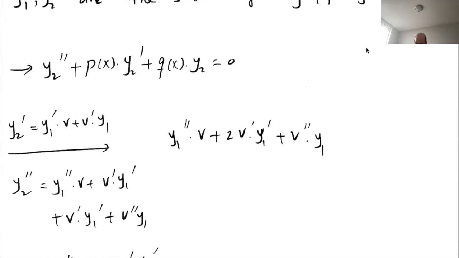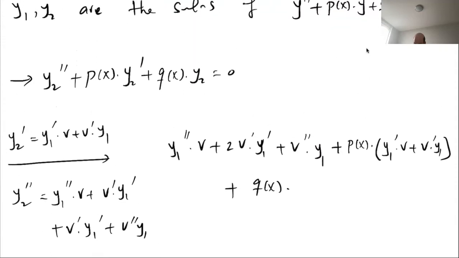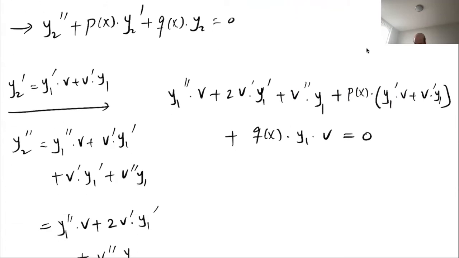So all three terms together are y2 double prime, plus p of x times y2 prime, where y2 prime means y1 prime v plus v prime y1, plus q of x times y2, where y2 was y1v, equals 0.